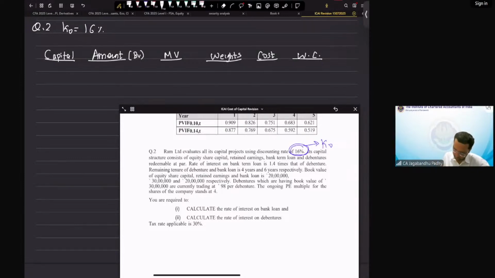So capital is, we have equity, then we have the debentures, and bank loan.